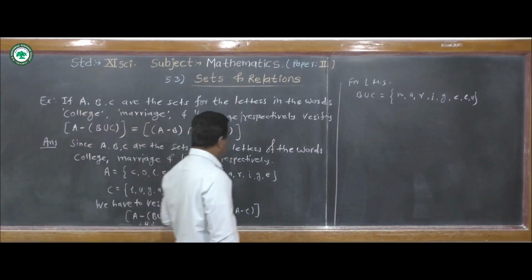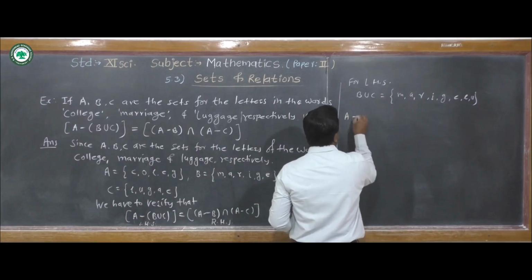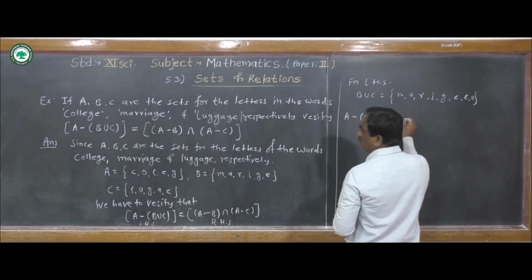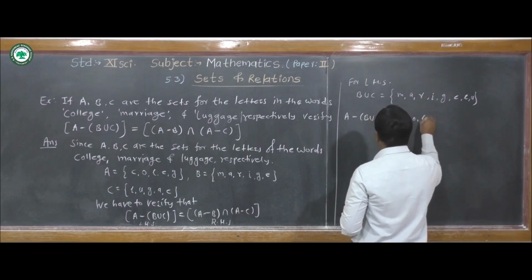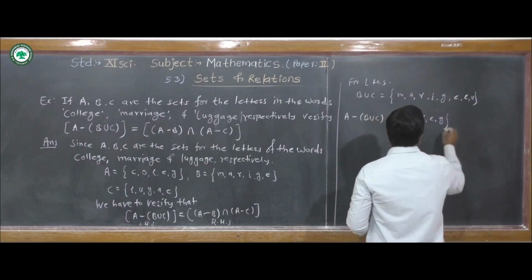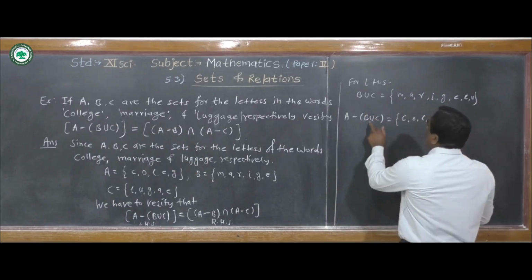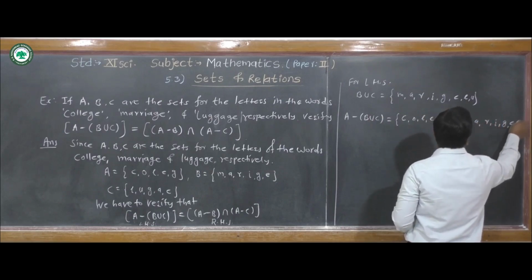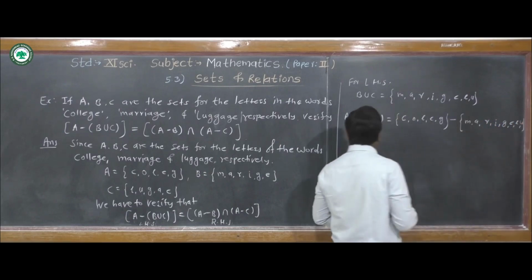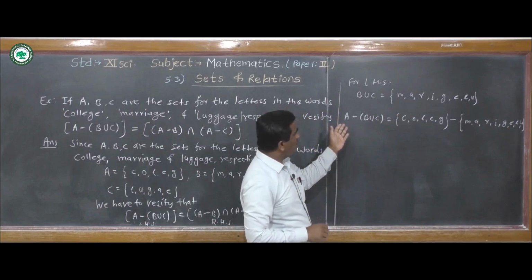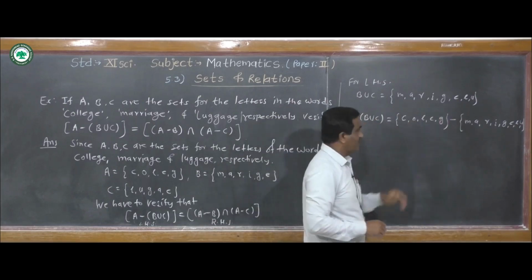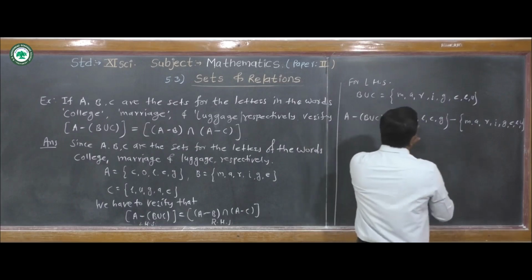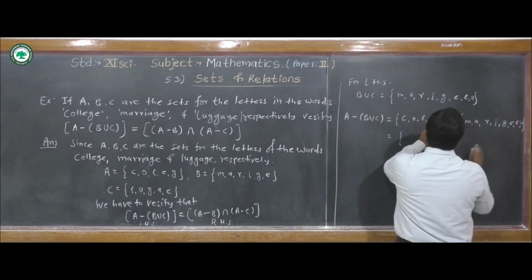Now we can write A minus B union C. A minus B union C is equal to, now set A is here in curly bracket C, O, L, E, G minus B union C, M, A, R, I, G, E, L, U. Now we know that A minus B means the elements which belong to A but not in set B. Therefore A minus B union C is equal to, in curly bracket, L is here, E also here, G also here.